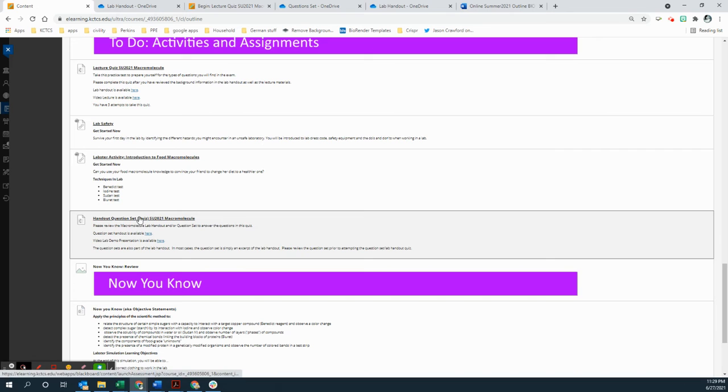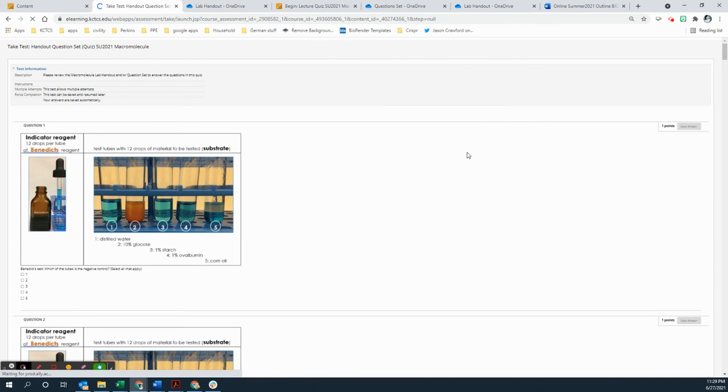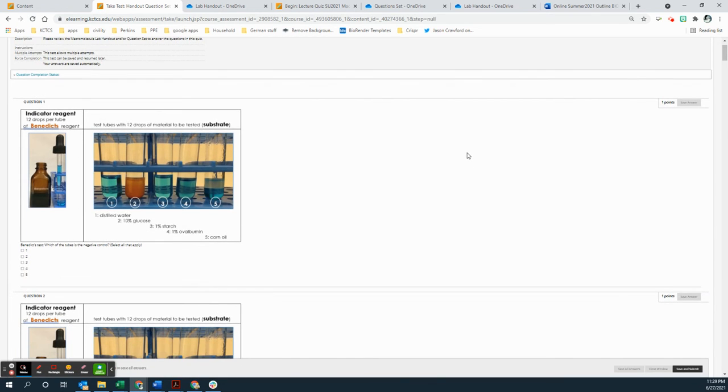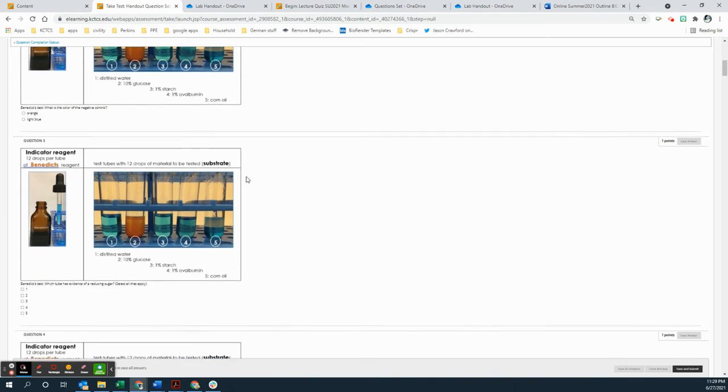And then I'm going to click real quick on the handout quiz. So when you look at the handout quiz, you'll find that it basically has the same images on it as your handout does, as your question set does, right? And you're putting the answers from the question set in there.